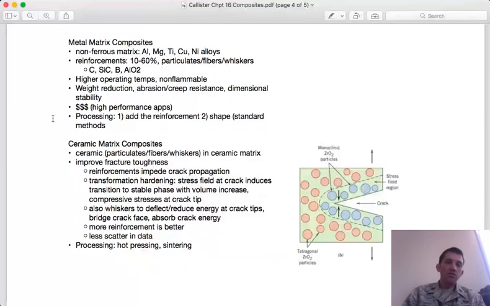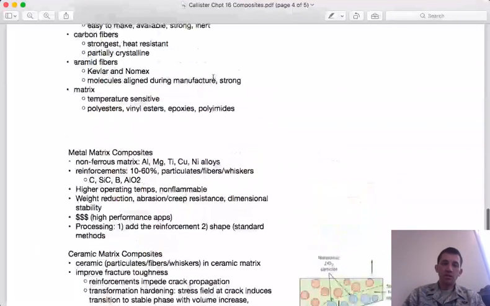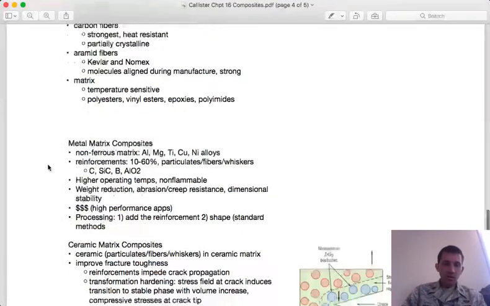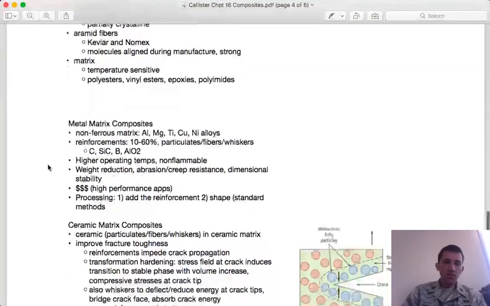Having a metal matrix gives you the ability to go to higher operating temperatures. You also have a non-flammable material, right? The other thing is that the polymer matrix materials, if you were to go above their working temperature ranges, when they decompose, they form flammable byproducts.